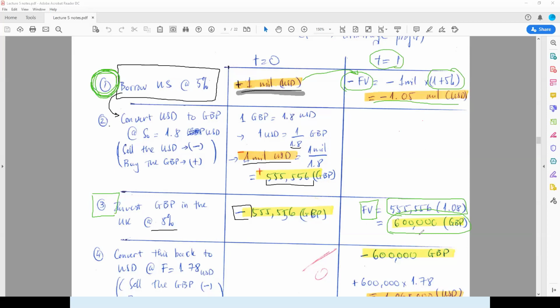So what else do I need to do? Now I can't just compare these two transactions directly because they are in two different currencies, okay? So there is one extra step that I need to do, which is to convert the pound investment returned in this step back into the USD, okay?